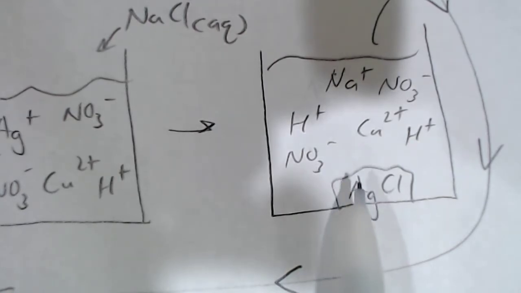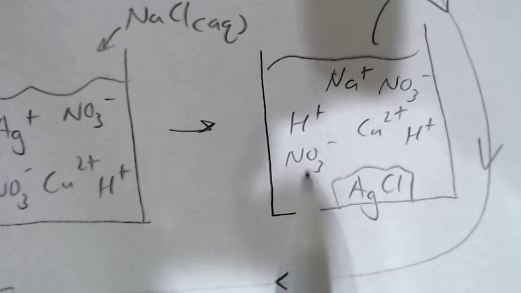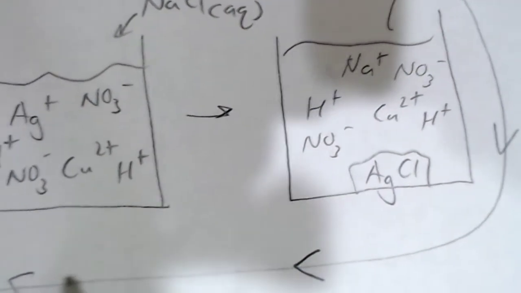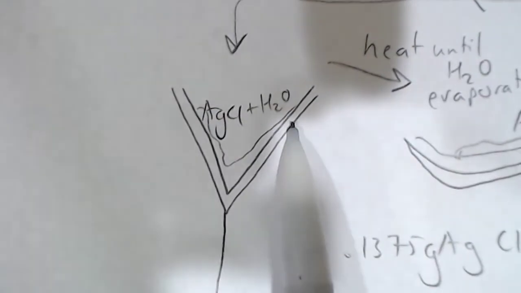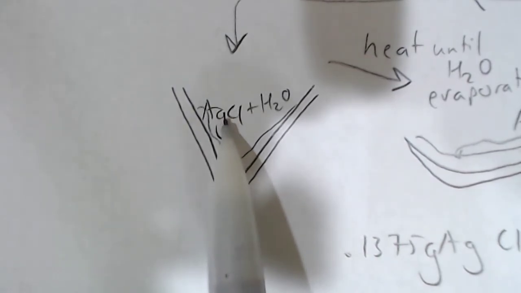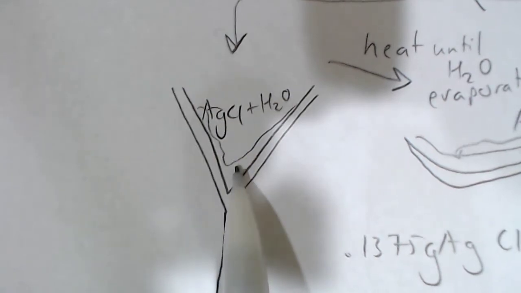Then you can try to get just this pure silver chloride precipitate separate from all the other stuff, the water and all these other spectator ions, by pouring into a filter which has filter paper. Then you should get silver chloride that's solid collected on the filter paper.